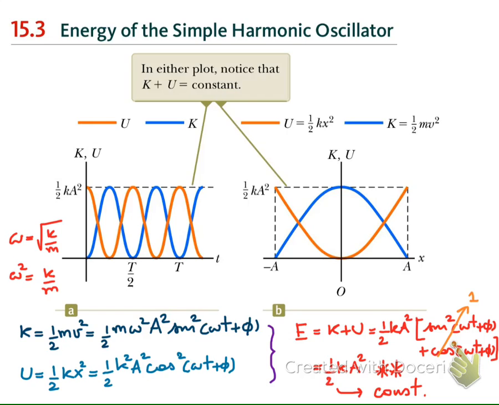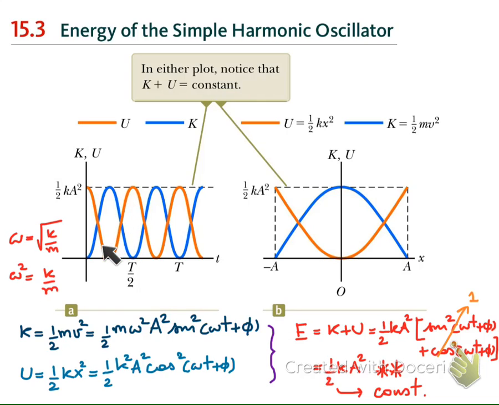If we draw the graph of K and U as a function of time, we will have something like this. This orange line is the potential energy, it is defined here, and the blue line is the kinetic energy.